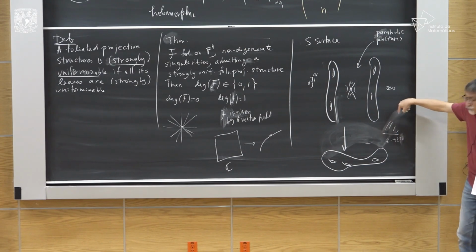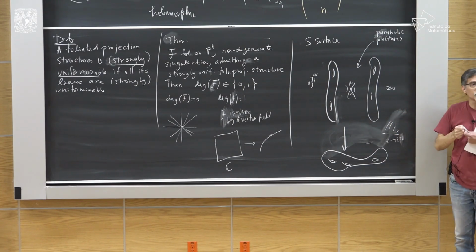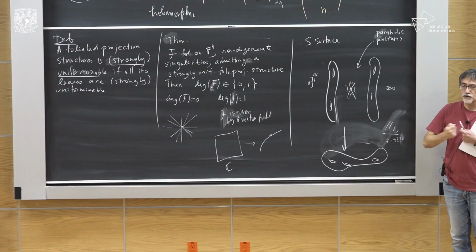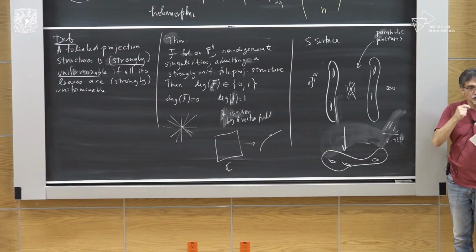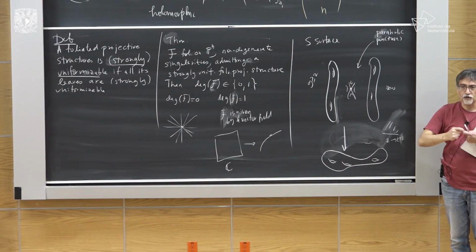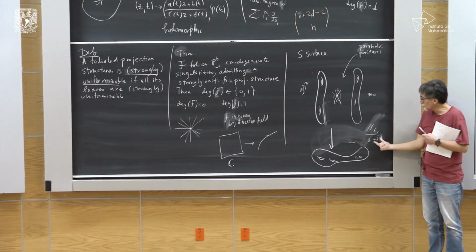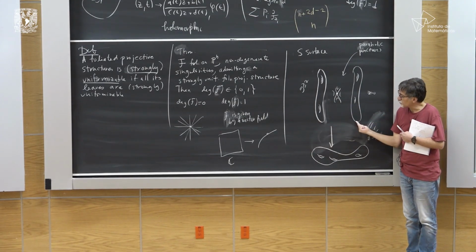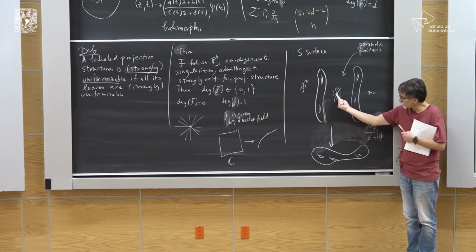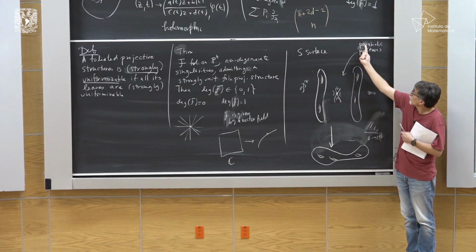So these are parabolic punctures. These are the ones you obtain when you use the uniformization theorem for higher genus. You obtain parabolic punctures, both for Fuchsian groups and for quasi-Fuchsian groups. So suppose that you have a foliated projective structure here, and that at the singular points you have parabolic punctures.